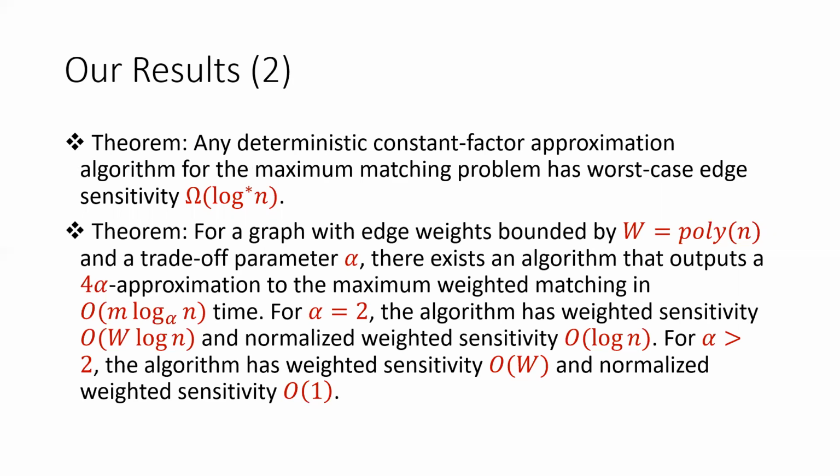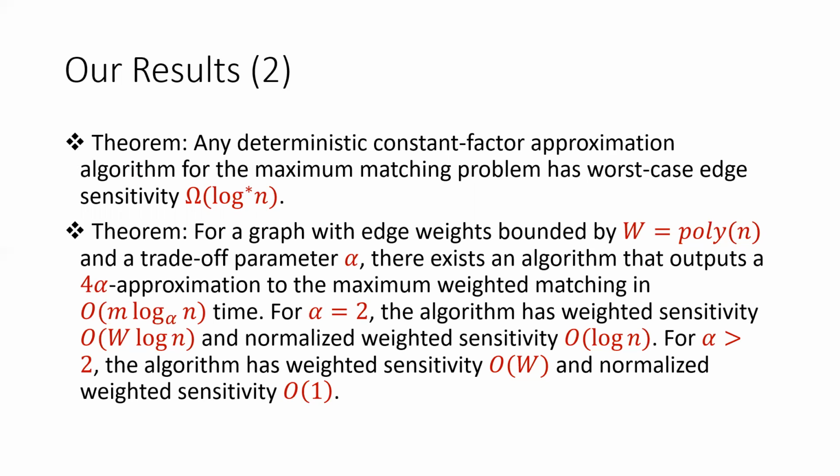We also give a theorem that shows that for any graph with edge weights bounded by w, which is some quantity that is polynomial in n, we can find an algorithm that outputs a 4 alpha approximation to the maximum weighted matching problem, where alpha is a trade-off parameter.